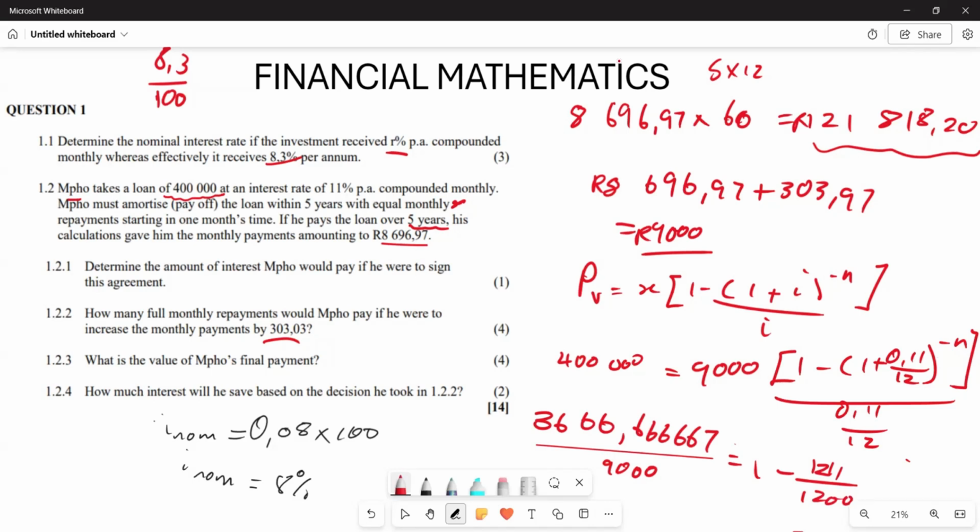Now that's going to be that one. And now from here, what is it that you are going to do? Now from here, you are going to say, what is it that you are having?